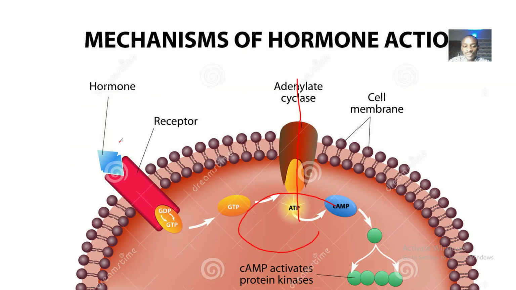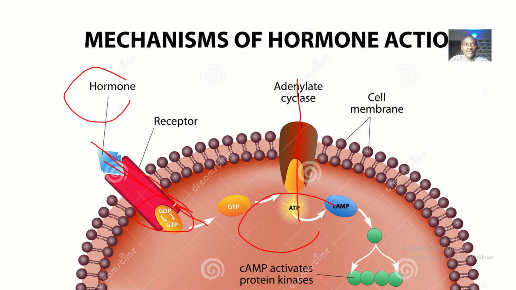Before a hormone can get past the plasma membrane of a cell, these hormones have to bind to a receptor before the receptor can allow it to go into the cell. This is the basis of the lock and key model, because the hormone is the key and the receptor is the lock.